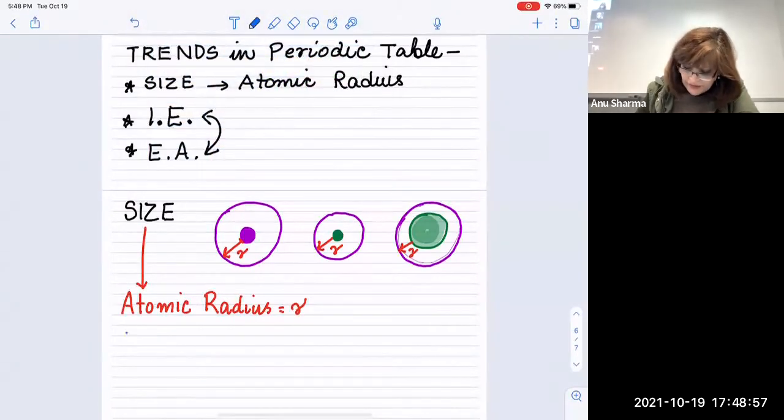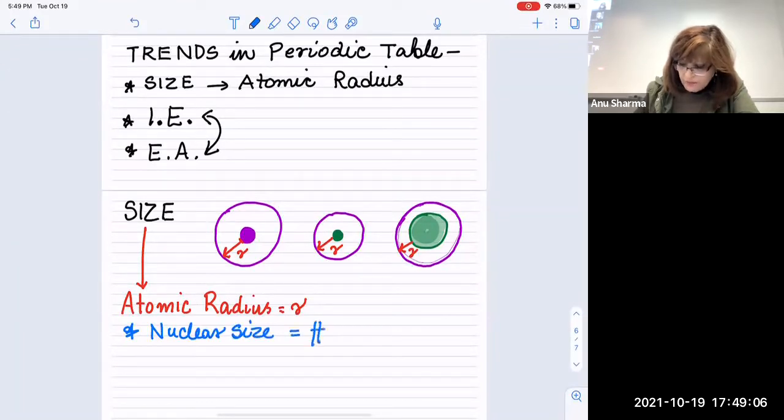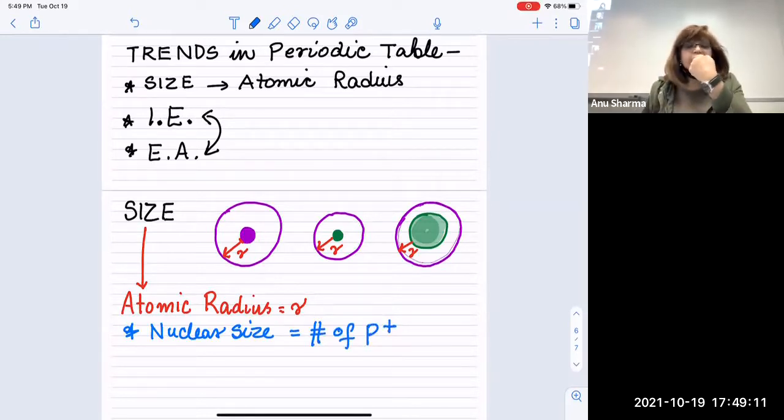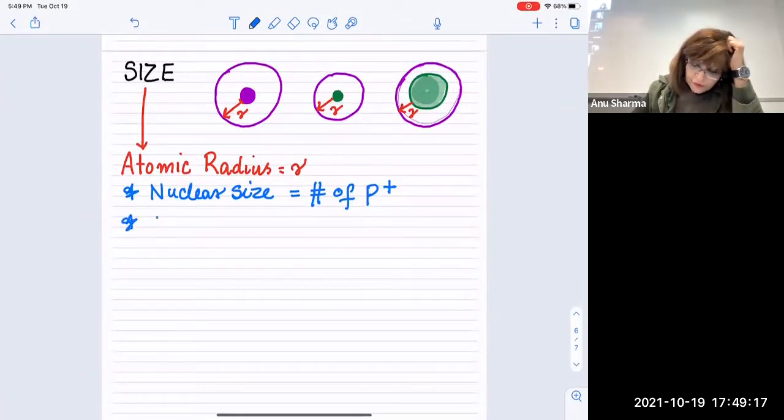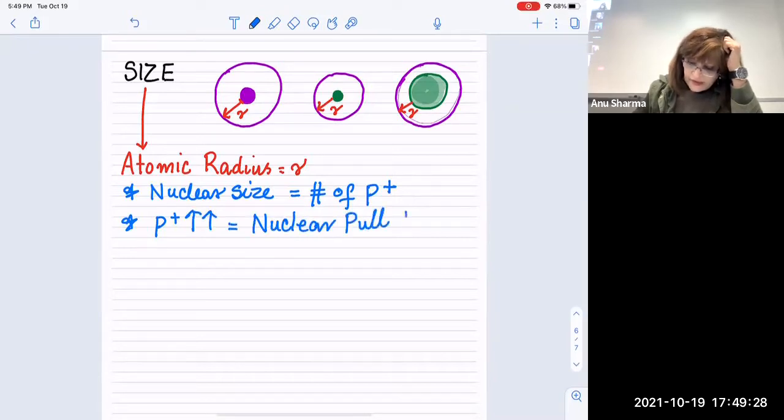It depends on a few things. Number one, it depends on the nuclear size, meaning the total number of protons, how many protons are there. As the number of protons increases, the nuclear pull increases.